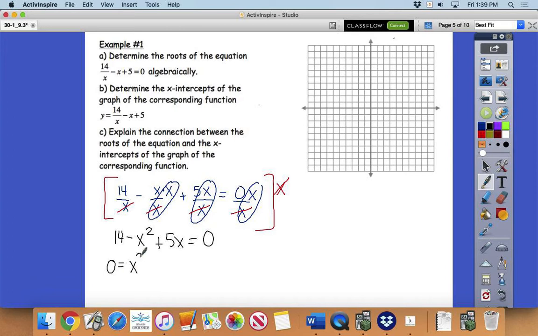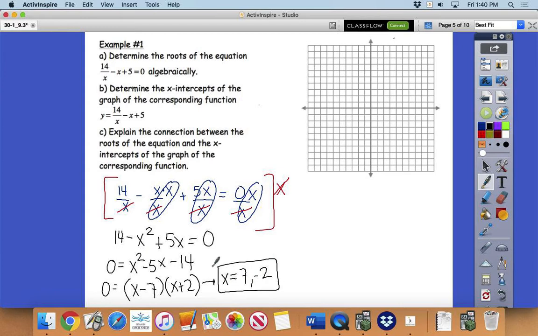So I'm going to have x squared minus 5x minus 14. This I can nicely factor, so that will help me solve for my x values. So it'll be x minus 7 times x plus 2, which gives me that the x-intercepts are 7 and -2.